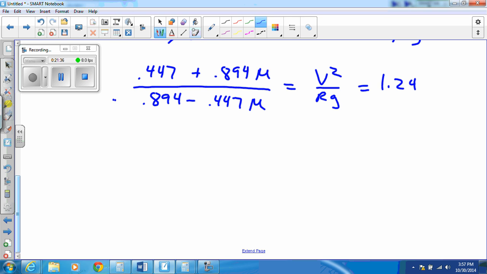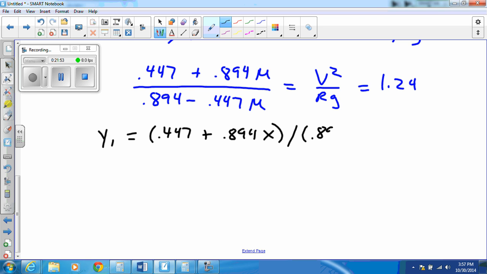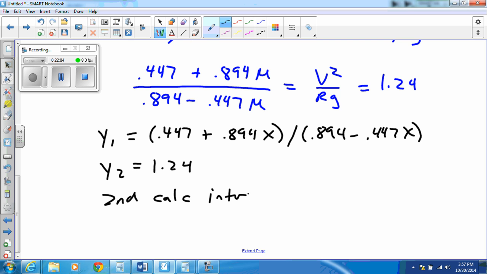This is an equation that has now just one variable, and we can either solve it algebraically by cross-multiplying, or we can solve it by calculator. And actually, I prefer doing that. If we solve it by calculator, then we're going to let y1 equal the left-hand side, and we're going to let y2 equal the right-hand side of our equation.